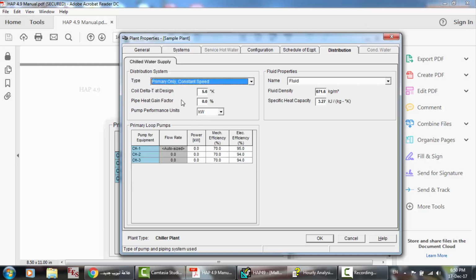We have here primary pump constant speed. You can get chiller 1, chiller 2, chiller 3, and get the information for pump for equipment. So every chiller has its own pump, and you can input what you want.